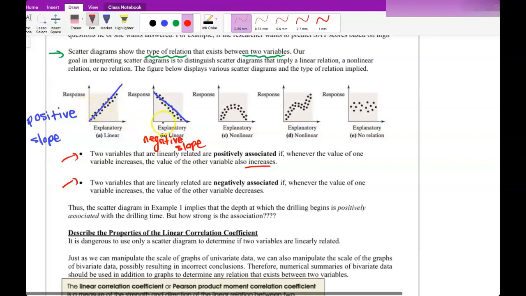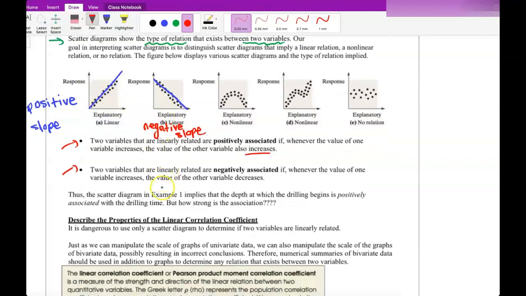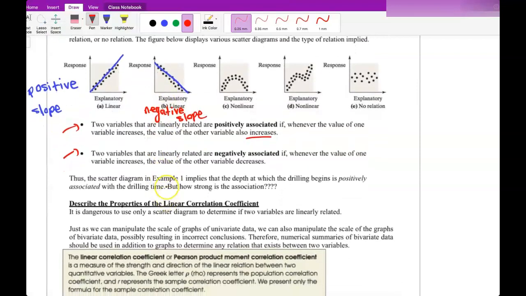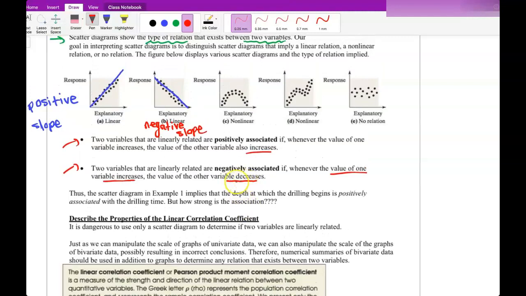But in this case, we have a different case. Two variables that are linearly related are negatively associated if whenever the value of one increases, the value of the other one decreases. That's why we have negative slope. So here is positive slope, but this one is negative.